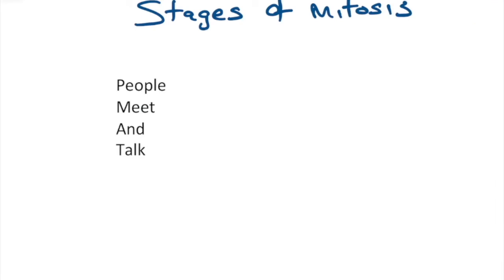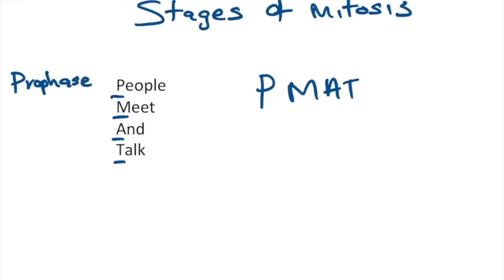After interphase, we get into mitosis, and the stages of mitosis can either be remembered as just PMAT, or we could use another mnemonic, people, meet, and talk. And so these are going to be our 4 phases. Prophase, pro means before.